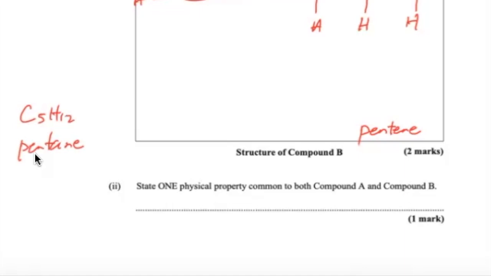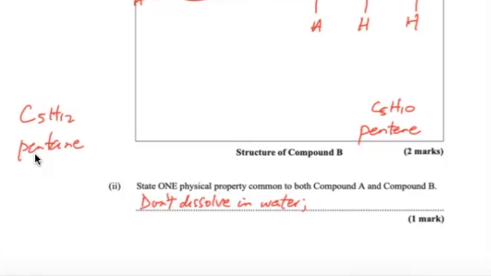C5H12, and this one is C5H10. What's a physical property that's common to both of them? So they don't dissolve in water. All right, so they don't dissolve in water.